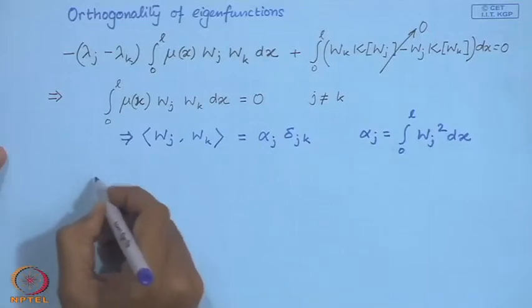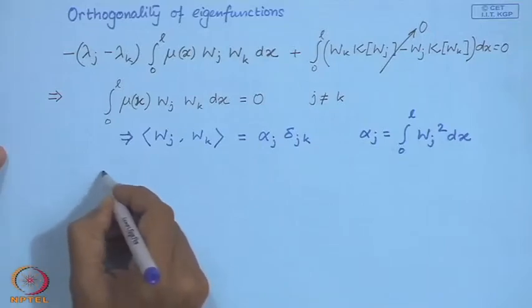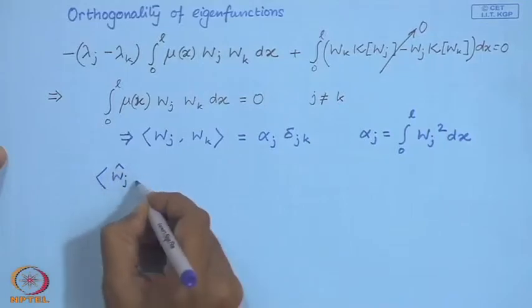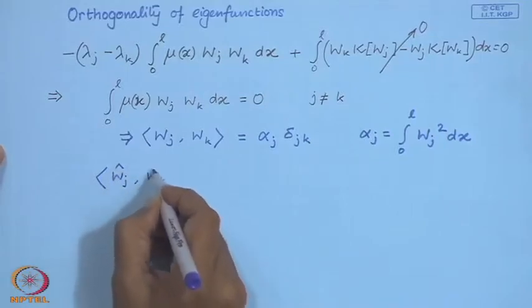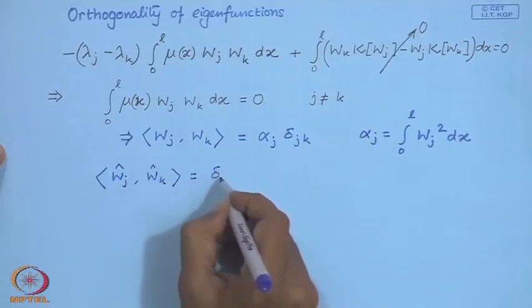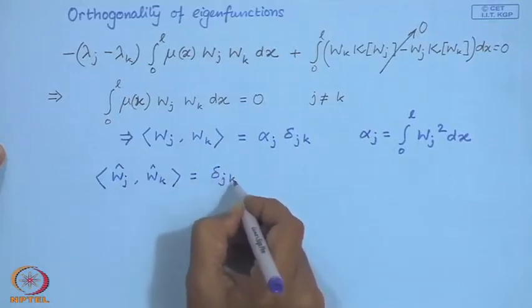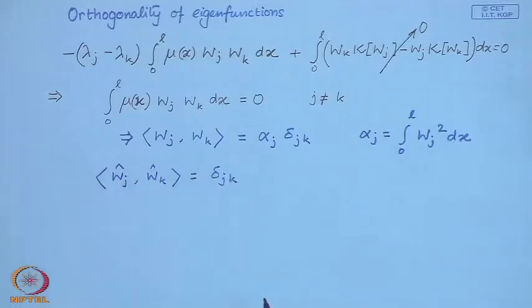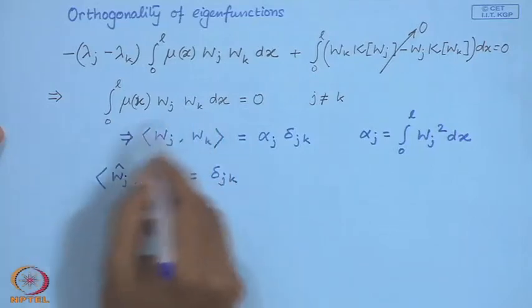So, we can scale appropriately to have orthonormality of the eigenfunctions with respect to this inner product that we have defined.